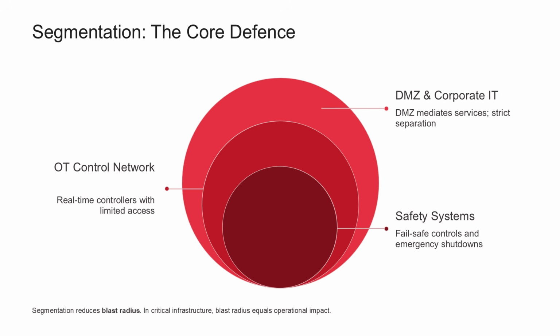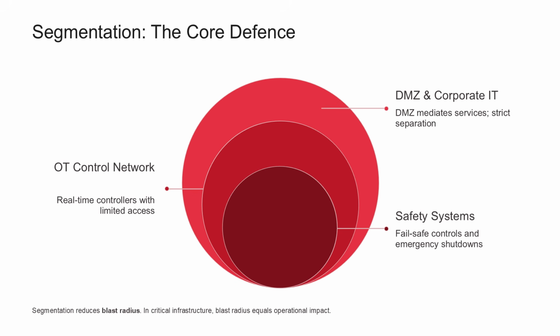Segmentation is the foundation of OT security architecture. You must design layered network zones that clearly separate corporate IT networks, demilitarized zones, DMZs, OT control networks, safety systems. A well-designed segmentation model prevents direct communication between IT and OT unless explicitly required.